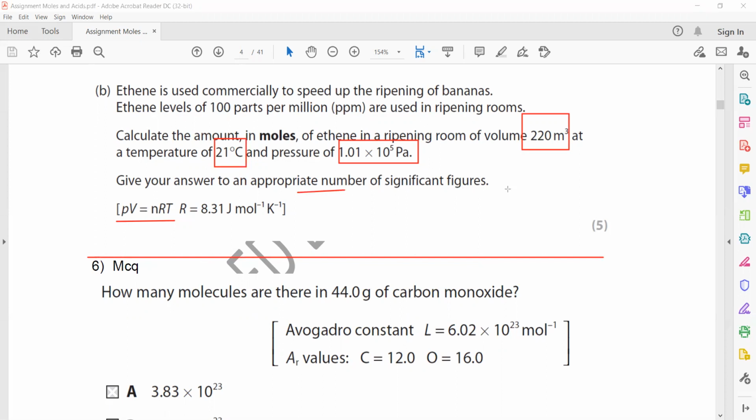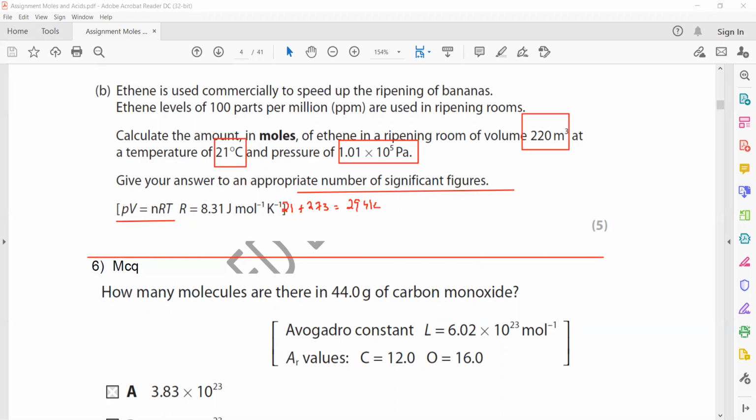We add 273 to convert the temperature, so it is 21 plus 273, which equals 294 Kelvin.